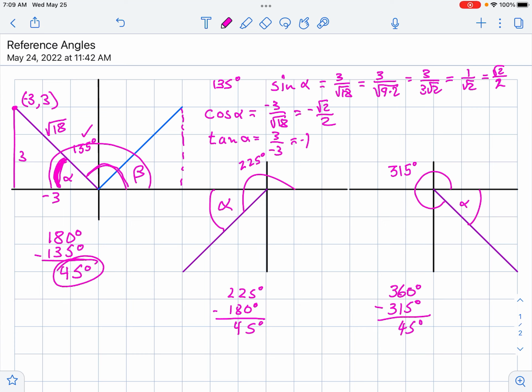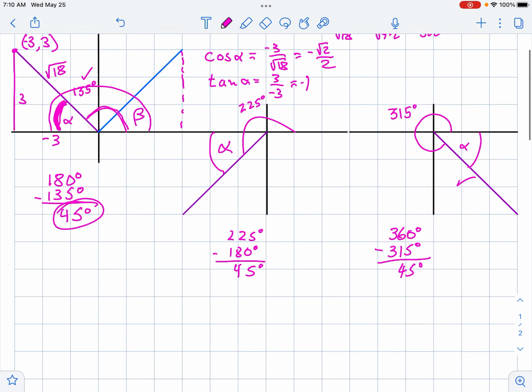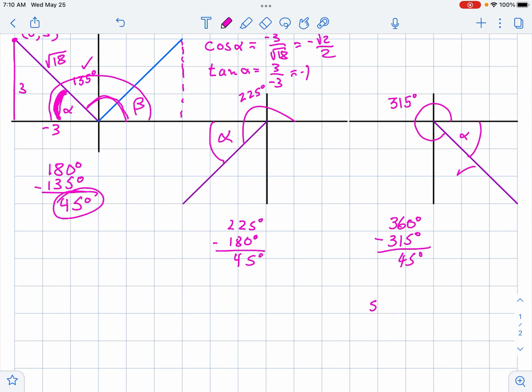Okay? So once again, all three of these have a reference angle of 45 degrees. But here in this quadrant, sine is negative, cosecant's negative, and tangent and cotangent are negative, while cosine and secant are positive. But what we would do, for example, in this quadrant here, I've got sine of alpha over here.